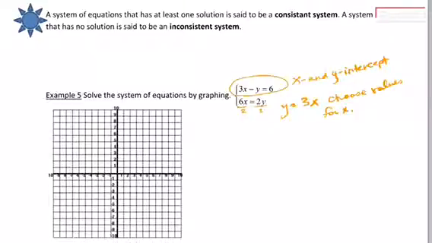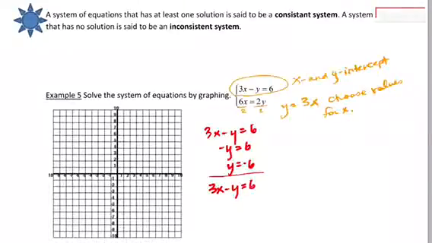I have 3x minus y equals 6. If I let the x be 0, then I have negative y equals 6, y equals negative 6. Then I'm going to find the x-intercept by letting y equal 0. So I have 3x minus y equals 6 is my original.